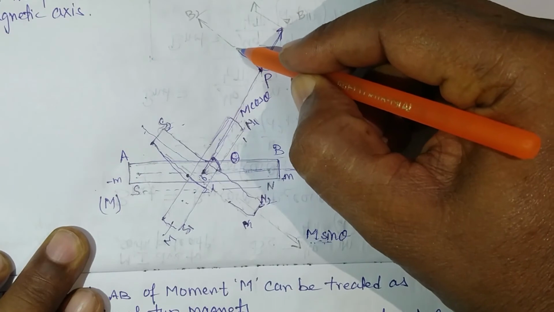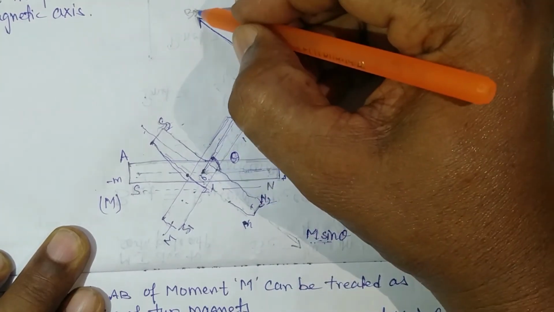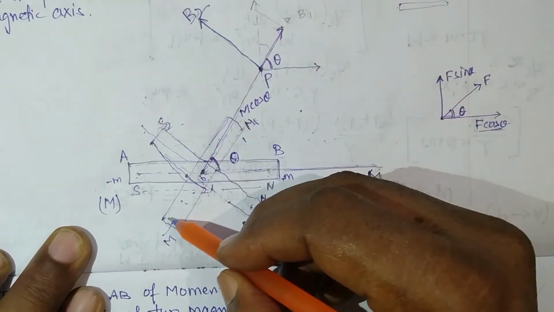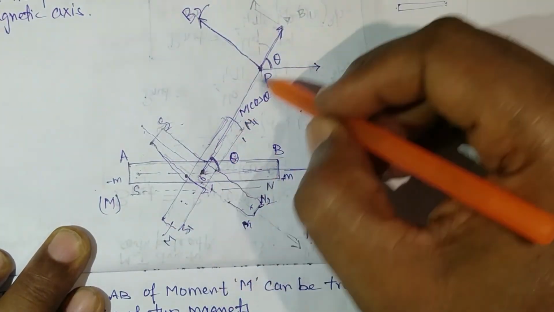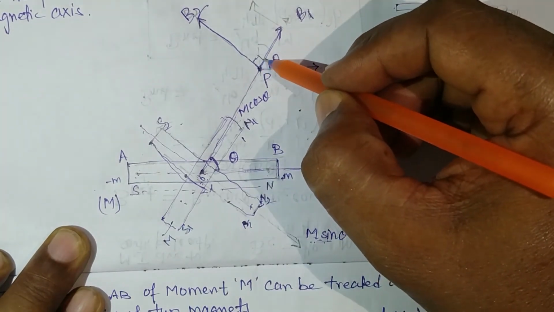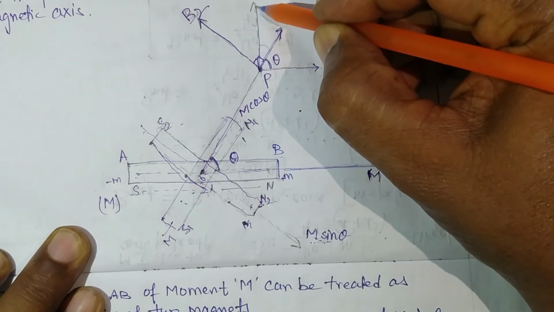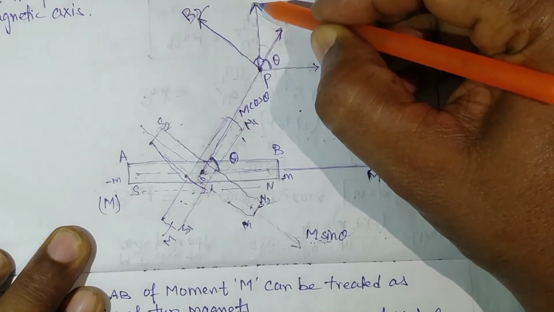So induction of magnet B2 will be in this direction. Induction of the first, B1, will be in this direction. Now these two are perpendicular to each other, and this will be the resultant magnetic induction of these two vectors.